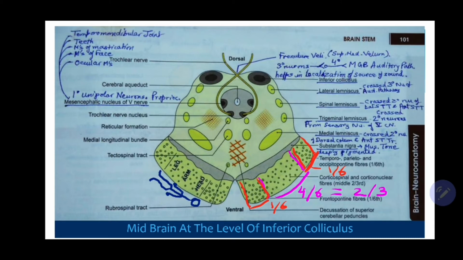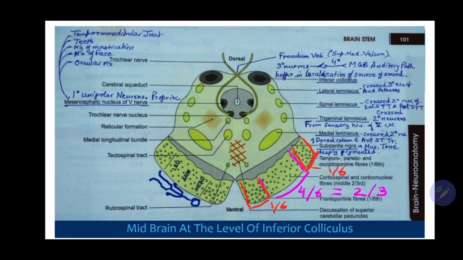Now what happens when they reach the pontine nucleus in the pons? These pontine nuclei even reach the uppermost portion of the medulla in the form of the anterior arcuate nucleus, that is even ventral to the pyramidal fibers. From the pontine nucleus, they will decussate and move to the opposite cerebellar hemispheres through the middle cerebellar peduncles.